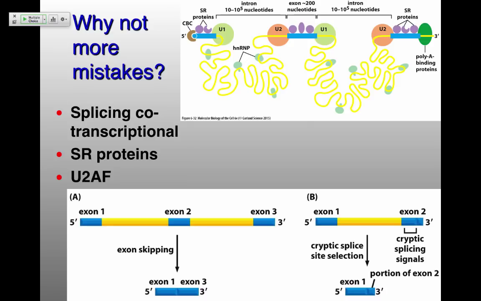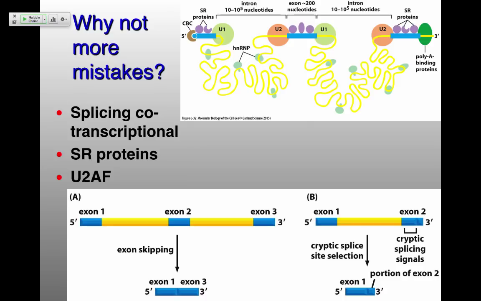Another thing that I needed to mention here, probably one of the most confusing parts of splicing for anyone, are these hnRNPs. What the heck is an hnRNP? Well, the n is nuclear. Okay, that's good. RNP, ribonucleoprotein. So RNA and protein. H, heterogeneous.